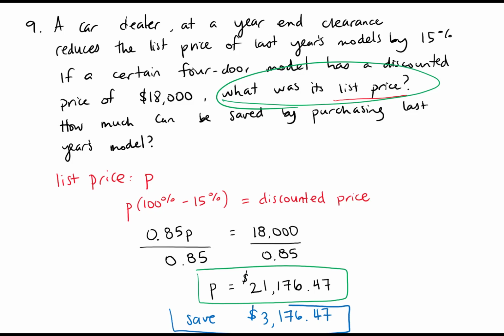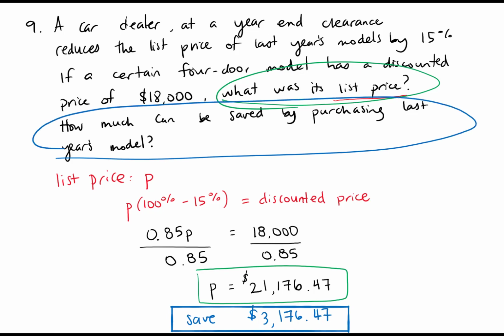So I wrote it in a different color, but that's answering the second question. And you always have to make sure when you're doing a word problem that you answer the question that's asked. If they asked how much we saved and we said 21,000, that would not be the right answer. Its price was 21,000, but we saved 3,000 approximately. So you just want to make sure that your answers always match the question that's asked.